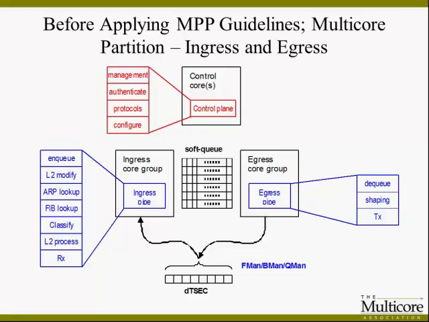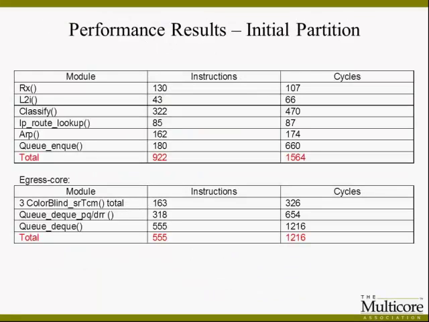So we were able to leverage that capability on the device, and so it required some partitioning in order to leverage those accelerators, some common data structures in the soft queue. But that was the rough partitioning that we did initially.